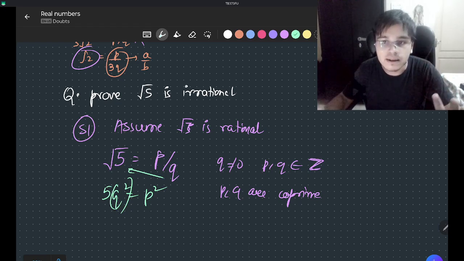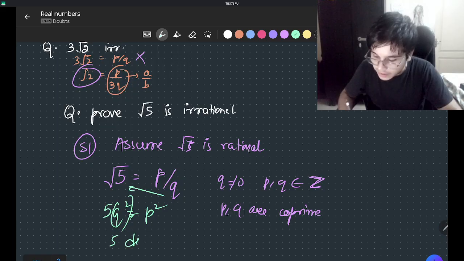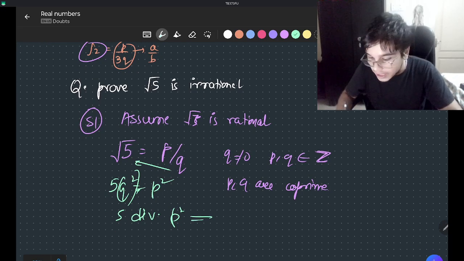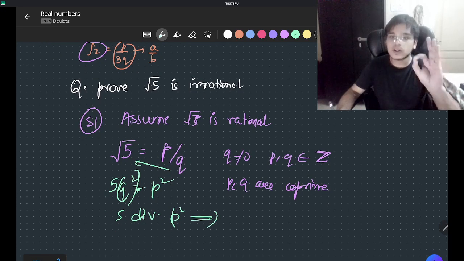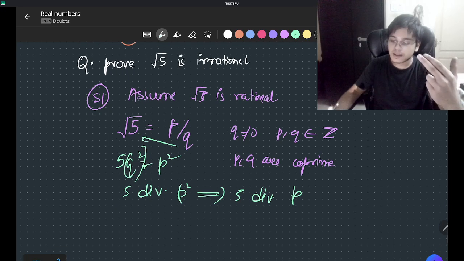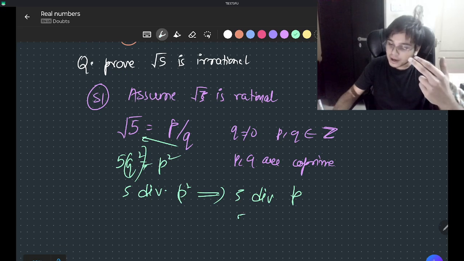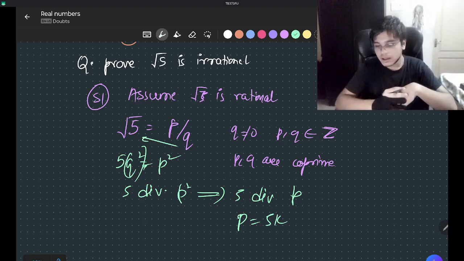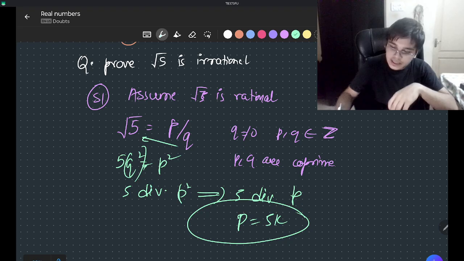So it means that 5 divides p square. By FTA, the fundamental theorem of arithmetic, 5 also divides p, and p can be written as 5 times k. Something multiplied with 5 gives me p. Now I'll substitute this back here.